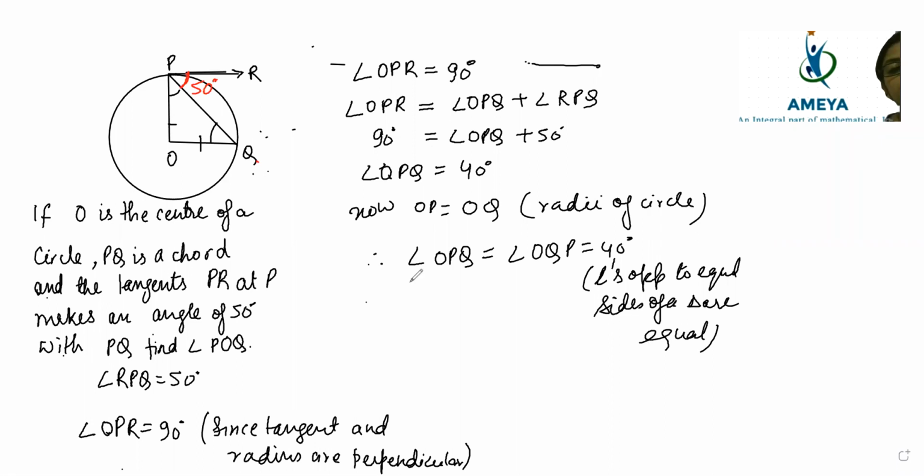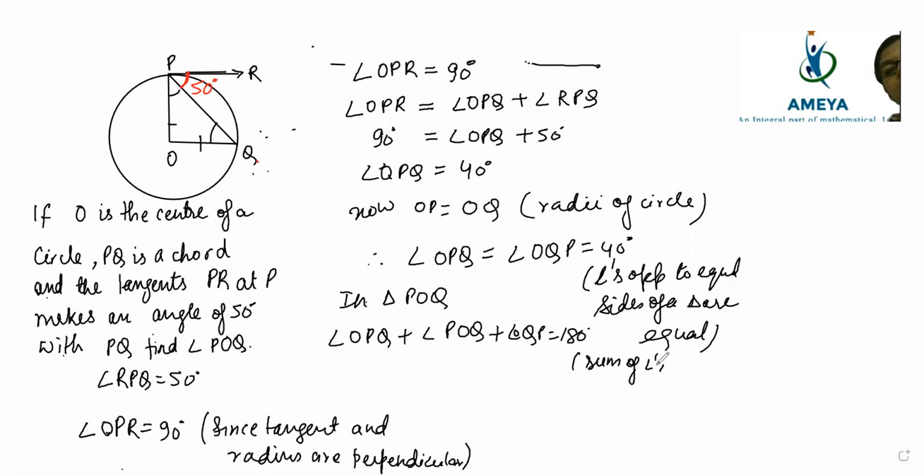So now we can say in triangle POQ, angle OPQ plus angle POQ plus angle OQP is equal to 180 degree. Sum of angles of triangle. So here 40 plus 40 degree plus angle POQ is equal to 180 degree.